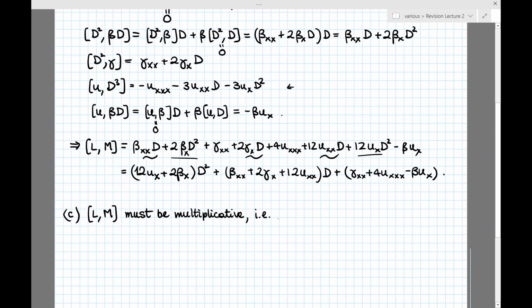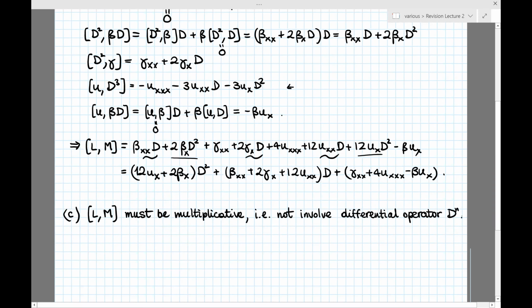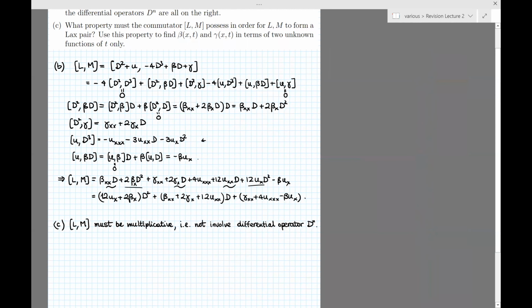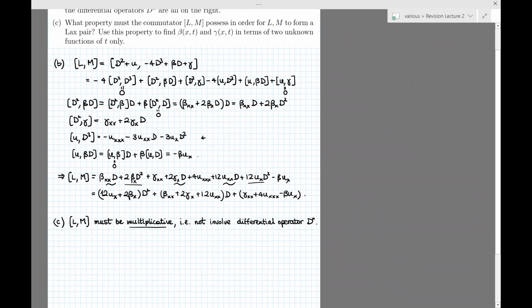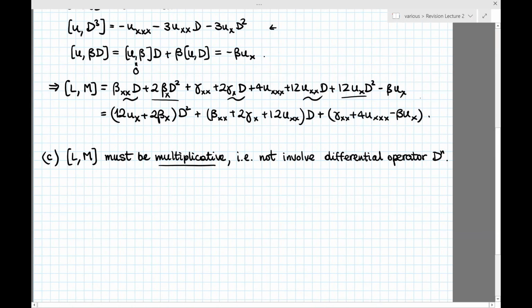That is, it should not involve a differential operator d to the n. So it should just multiply by a function. And next, we are asked to use this property to find beta and gamma in terms of two unknown functions of t only. So now let's impose that the commutator of L and M computed above is multiplicative.